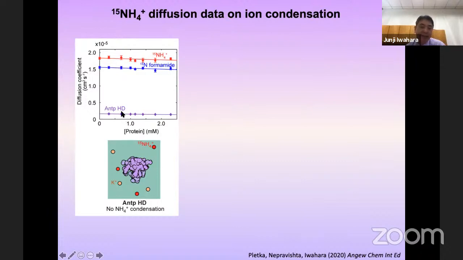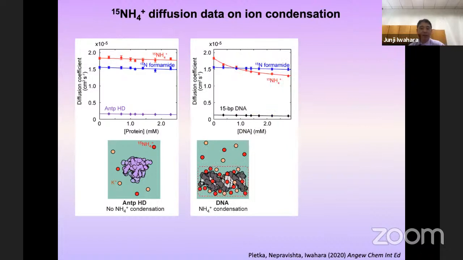In this case, the diffusion coefficients are almost identical, independent of protein concentration. But if you look closely, actually there is a slight decrease. It's due to the macromolecular crowding effect. If you do the same experiments for DNA, the results are quite different, like this, okay?